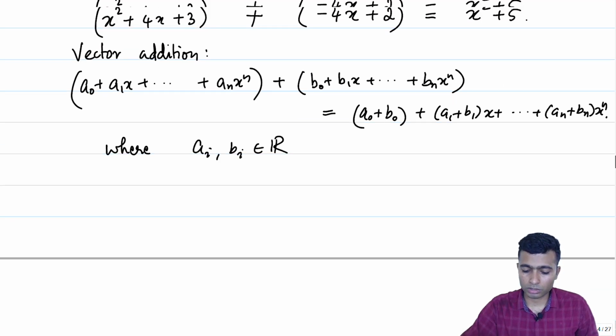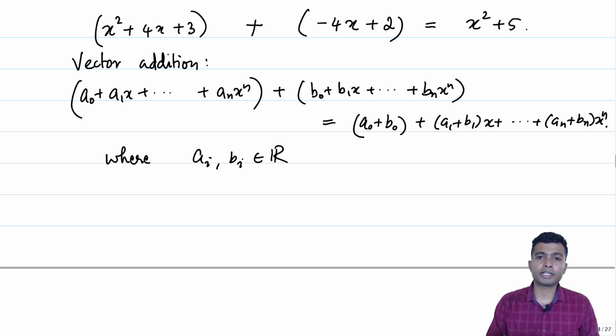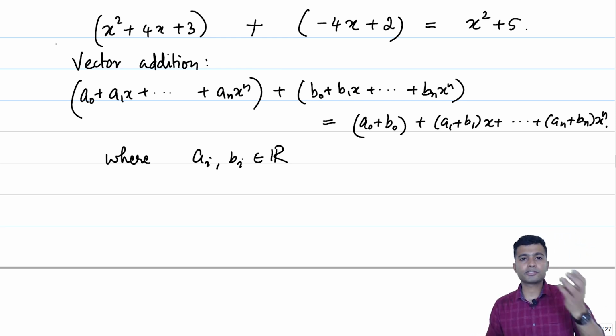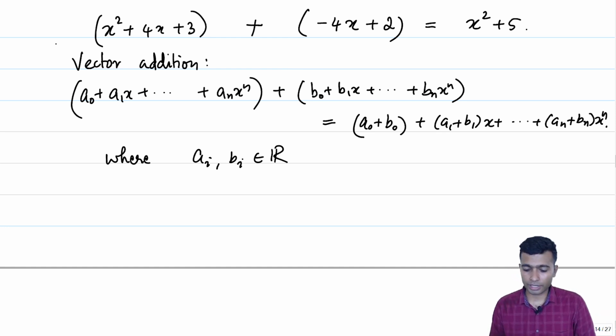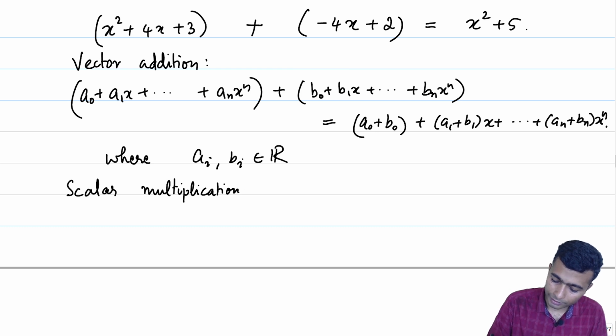Okay, how about scalar multiplication? What if we take x square plus 4x plus 3 and multiply it by say 2, we will get 2x square plus 8x plus 6, right. So, scalar multiplication is also doing exactly the same thing that we expect.